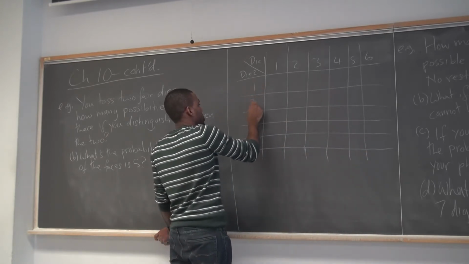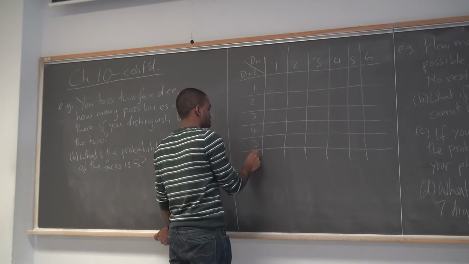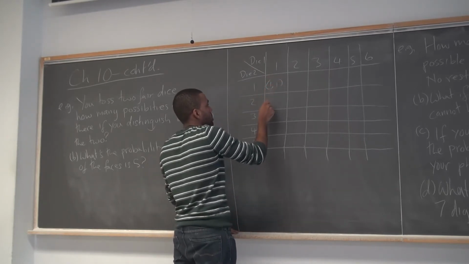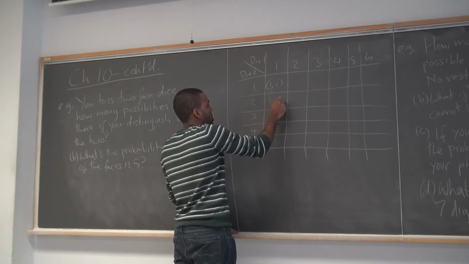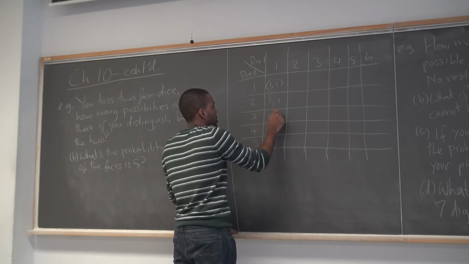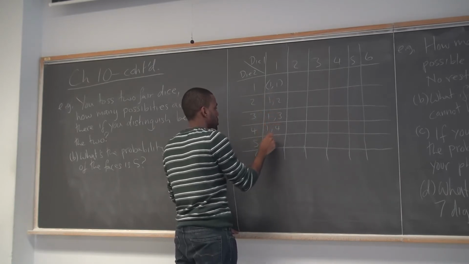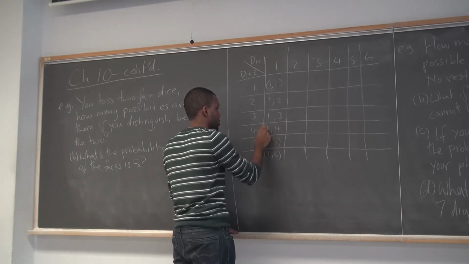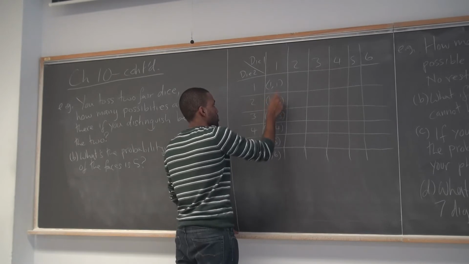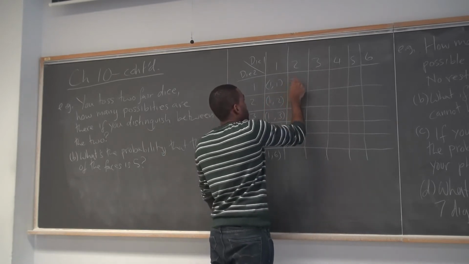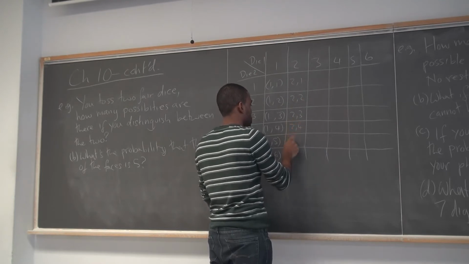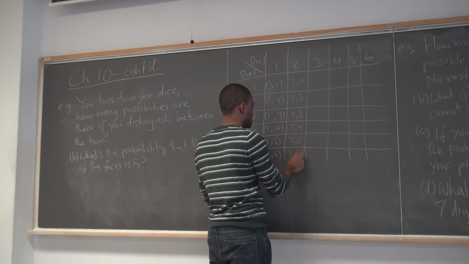So this is 1, 2, 3, 4, 5, 6. All right, so you can get a 1 and a 1, 1 and 2, 1 and 3, 1 and 4, 1 and 5, 1 and 6. 2 and a 1, 2 and a 2, 2 and a 3, 2 and a 4, 2 and a 5, 2 and a 6.